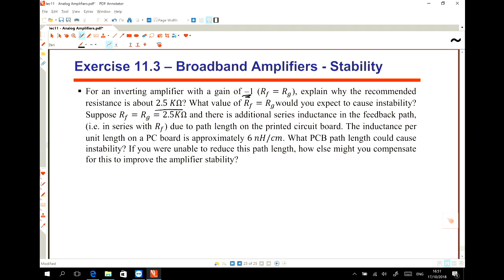Again, I write down this to see what will happen when we put RF equals to RG.